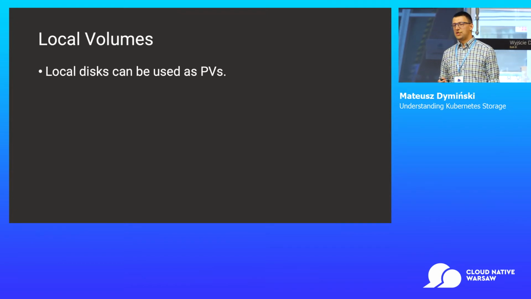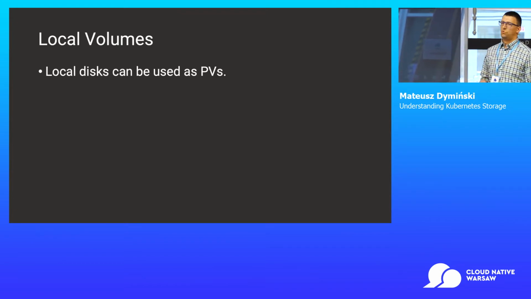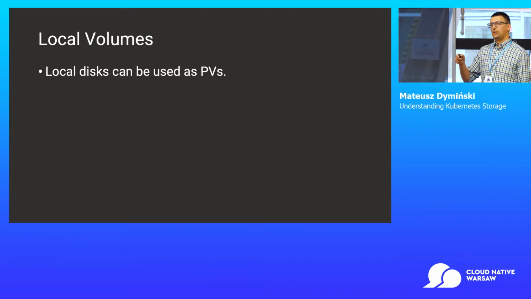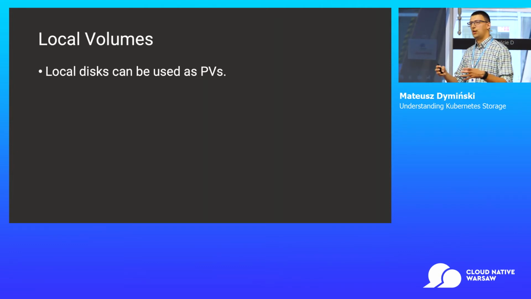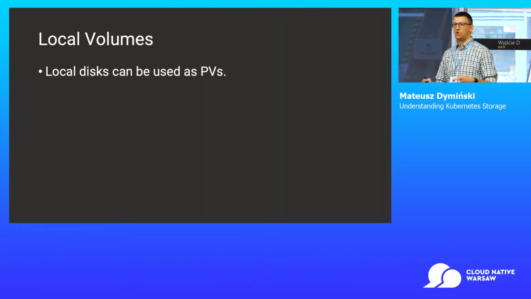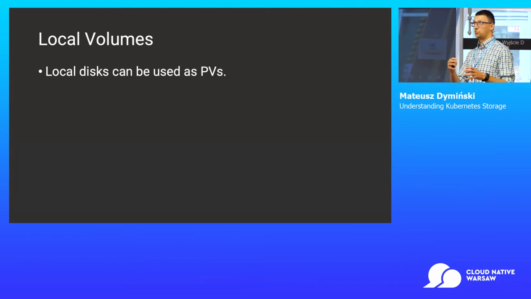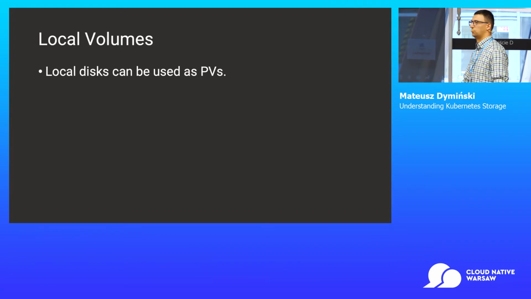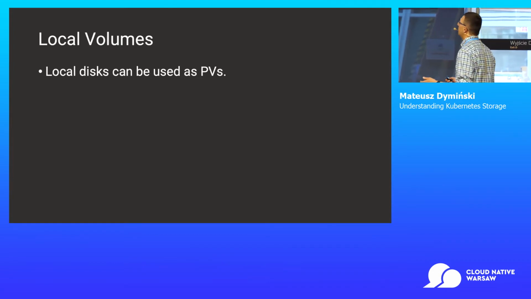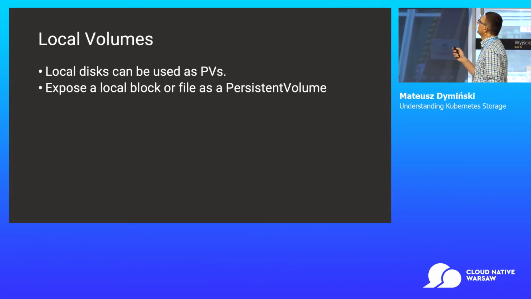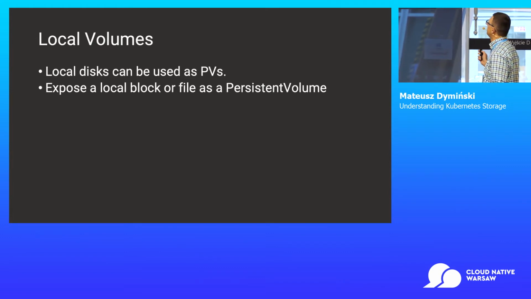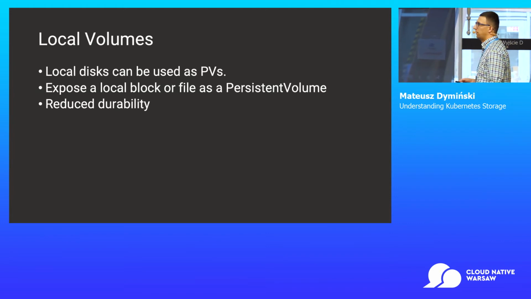But they noticed that maybe it would be worth running the PVC or the PV based on local storage, which is going to create and mount the volume inside our container based on the physical disk which is already attached to our VM on which Kubernetes is running. So it could be used as a PV, and it exposes a local block or a file as a persistent volume. It's really nice, but it reduces durability.